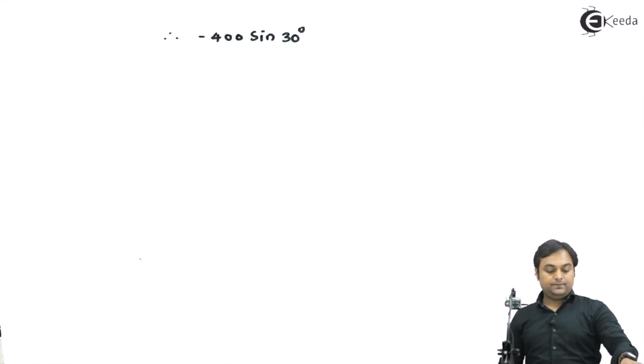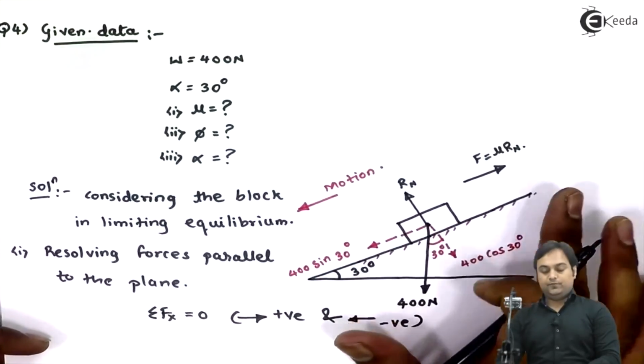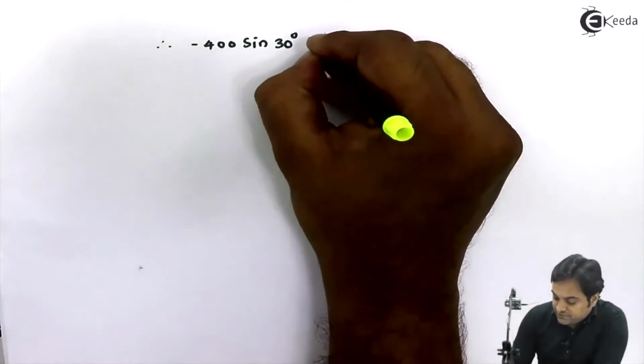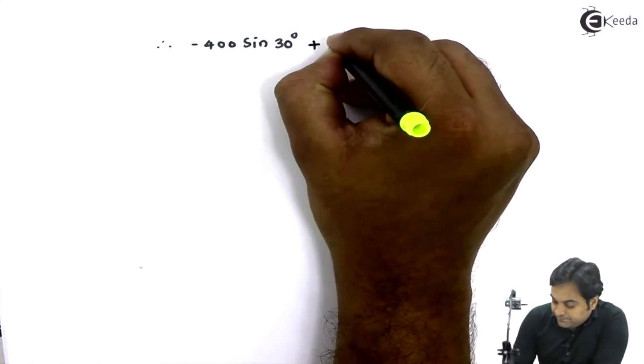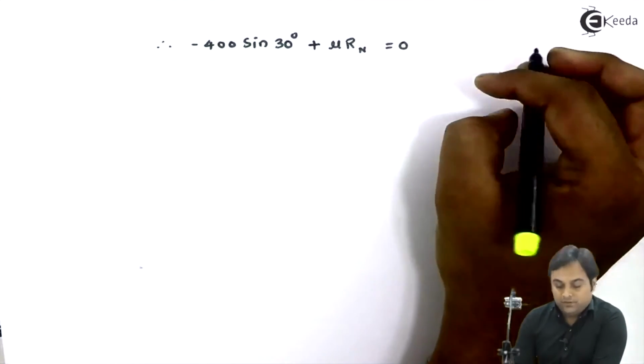Then I have F, friction force, which is acting upward, so that would be positive, plus mu into Rn, that will be equal to 0.